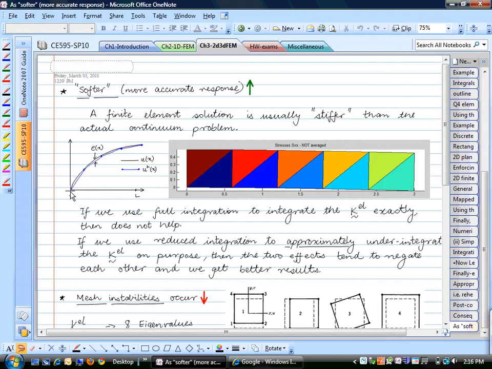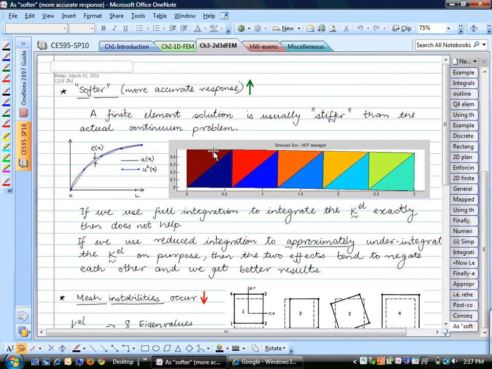So that's the logic that we are saying here, that a finite element solution is usually stiffer than the actual continuum problem. We don't know anything about the real world problem. The continuum problem is the mathematical model that we have. This is the same sort of logic that is valid for a two-dimensional or three-dimensional problem.